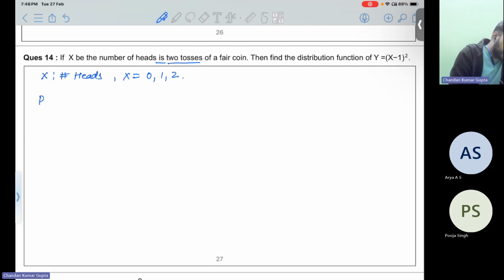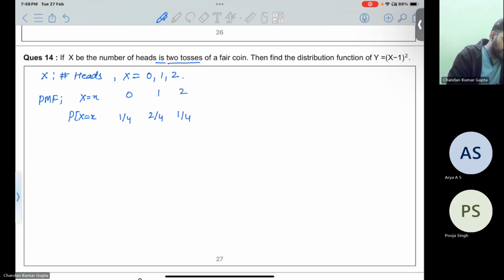So what is the PMF of x? Probability that X equals x. For number of heads 0, it is 1 by 4. Number of heads 1 is 2 by 4. Number of heads 2 is 1 by 4.